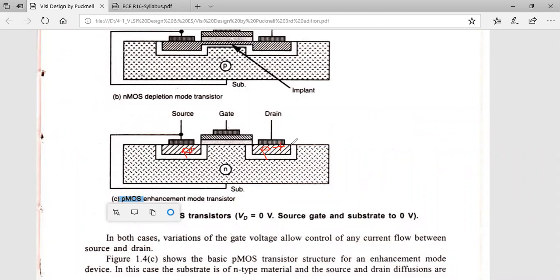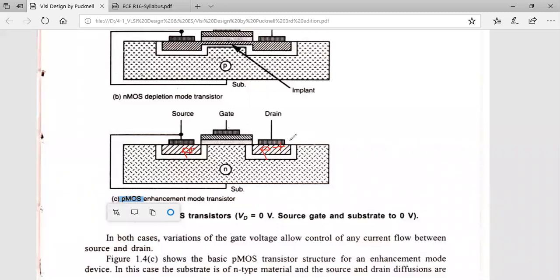So for this PMOS enhancement mode transistor, we will be giving a negative voltage. We start giving the negative voltage, and in the same fashion, initially we started giving negative voltage.